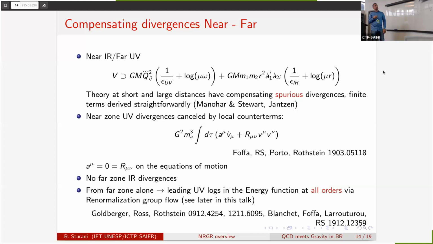But since we know the near zone theory, which is the exact UV completion of the far zone theory, when you add the two, the infinities disappear, the spurious mu disappears, and you get a logarithm which is physical. It's the logarithm of omega, which is the time behavior of the quadrupole, times r, which is the distance between the two objects. So you get a physical logarithm, which depends on real parameters of the system.